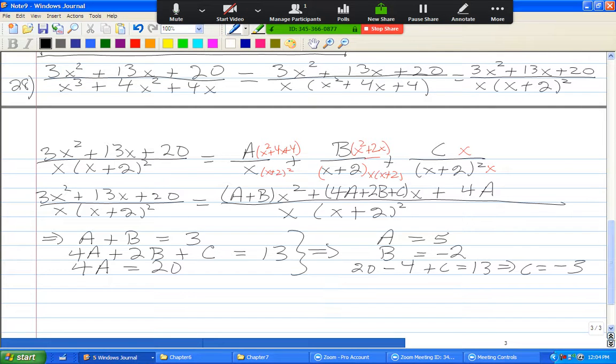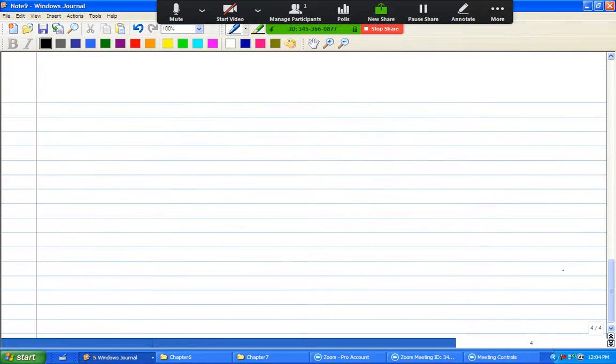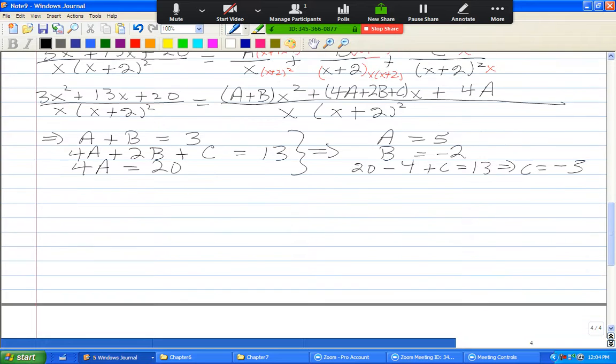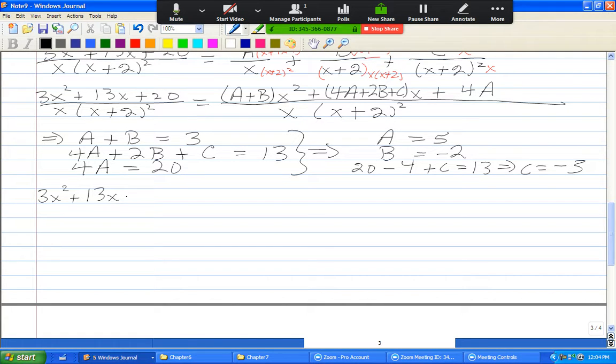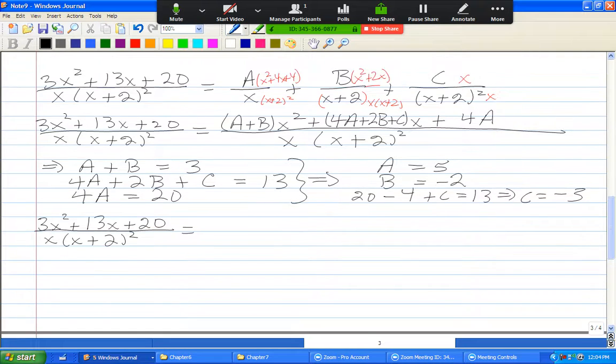So therefore, we have written this rational expression much nicer. 3x squared plus 13x plus 20 over x plus 2 squared, I can write it as a 5 over x plus b negative 2 over x plus 1 plus c negative 3 over x plus 2 squared.